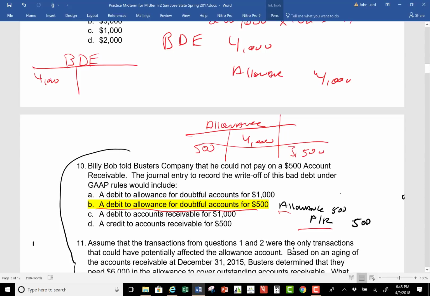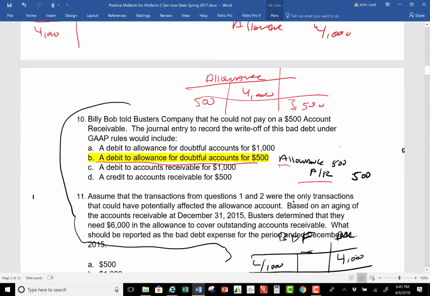Now this says to assume that the transactions in 1 and 2 are the only transactions that could have potentially affected the allowance. Based on an aging of accounts receivable December 31st, Buster's determined that they need 6,000 in the allowance. Well, how much is in there right now? So if you want 6,000 in there, I guess you better put 2,500 more?